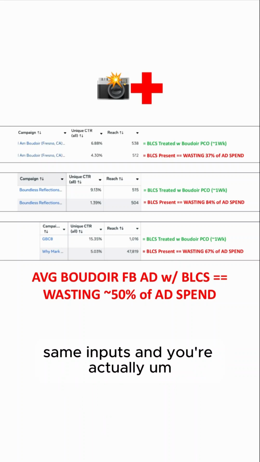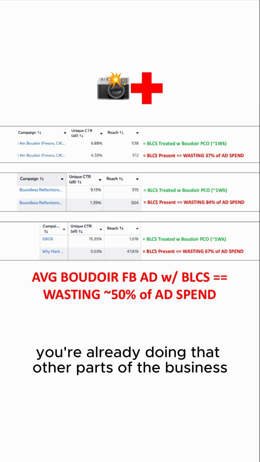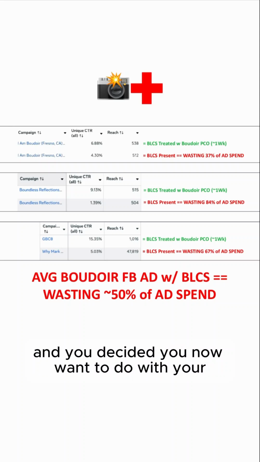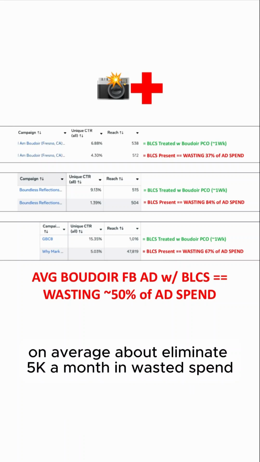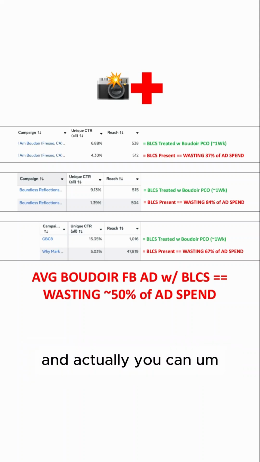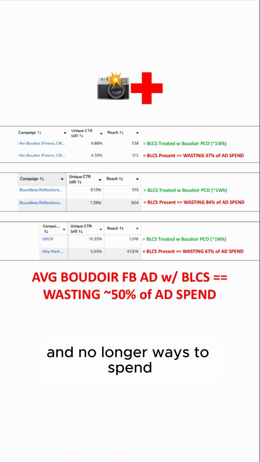You've decided you now want to do it with your Facebook ad portion of the business because you've seen that Boudoir Pico can save, on average, and eliminate 5K a month in wasted spend, and you can pocket that approximately 5K a month that's no longer wasted spend.